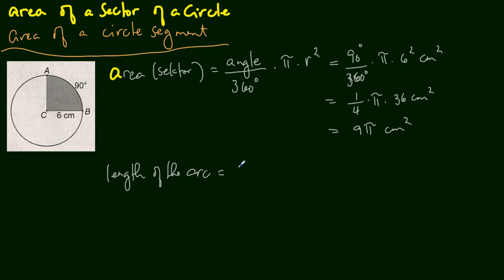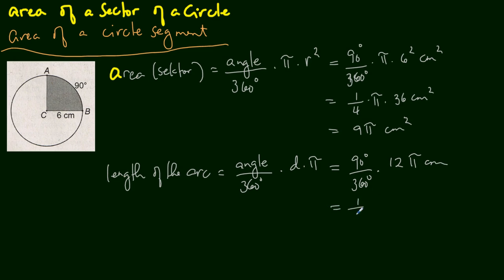How about the arc? Then we have the angle divided by 360 multiplied by the diameter times pi. Then we have 90 degrees divided by 360 multiplied by 12 pi centimeters.